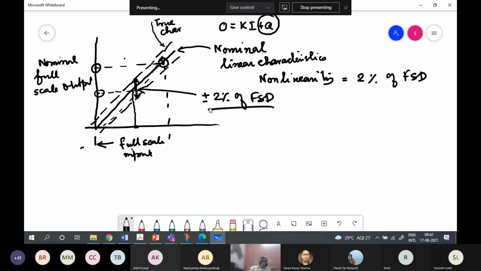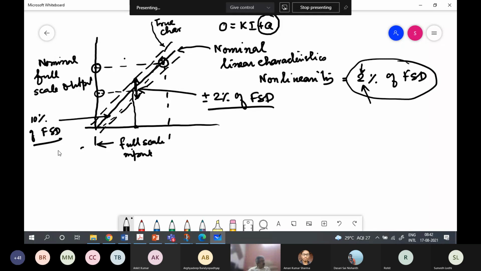So you can see that if you state it like this, what is the problem? There is no problem when the output is around FSD, then the error is only 2%. But when you are trying to measure a quantity which is small, which is 10% of FSD, then a 2% FSD error will imply a 20% of reading error.